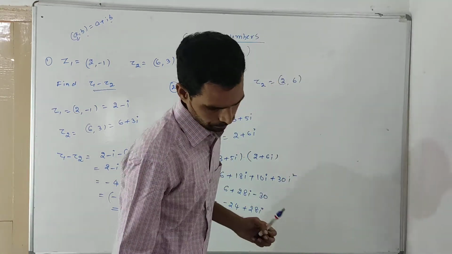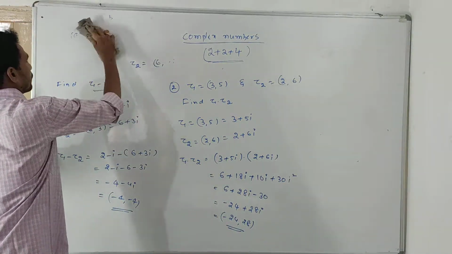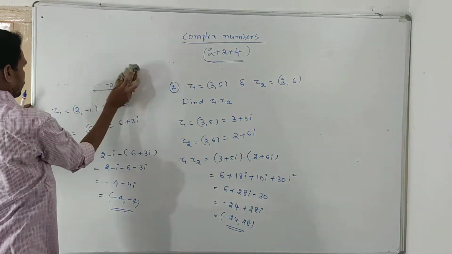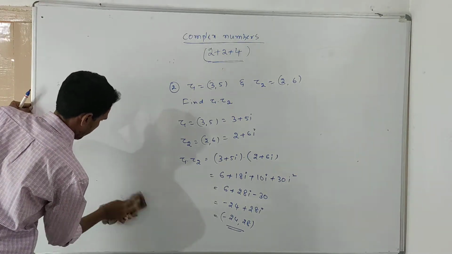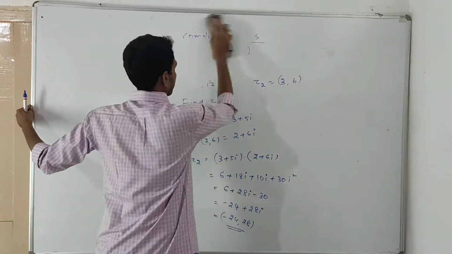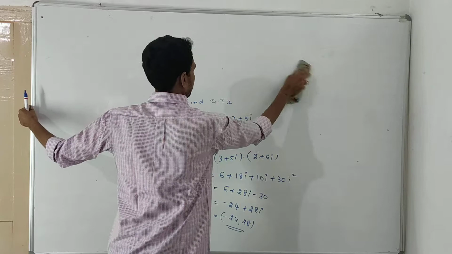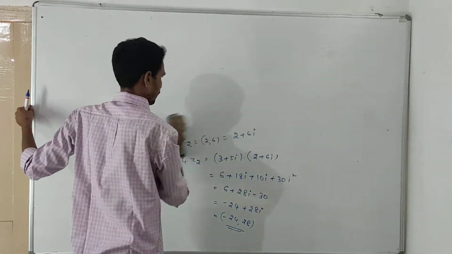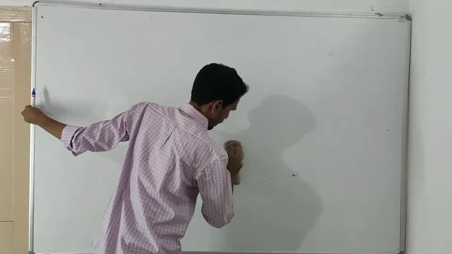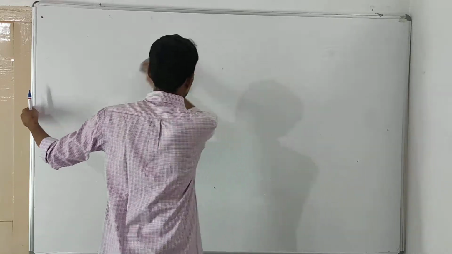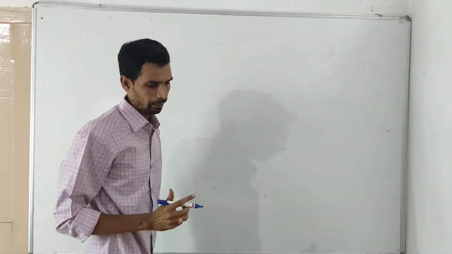Next, third problem. Write the additive inverse of the following complex numbers.